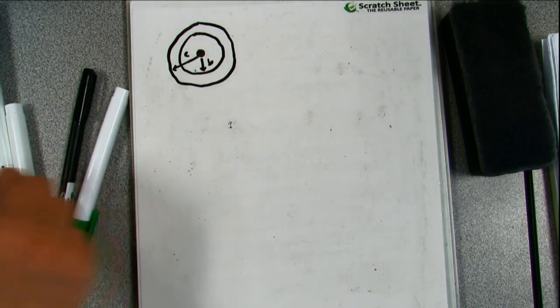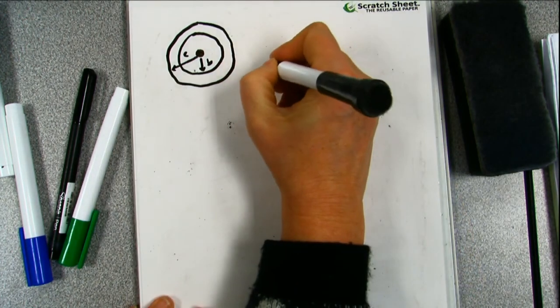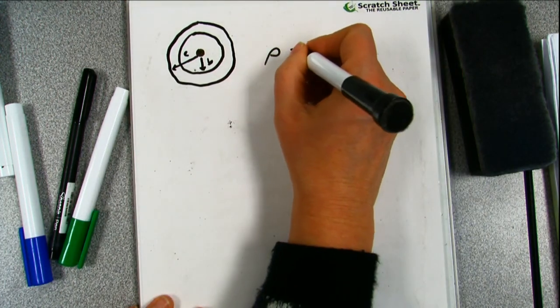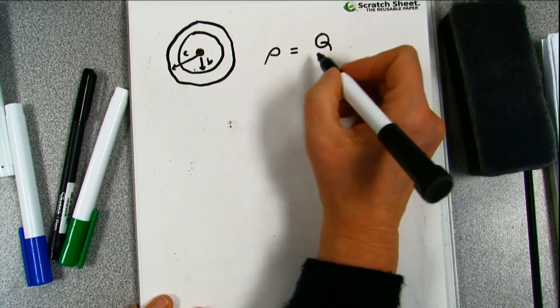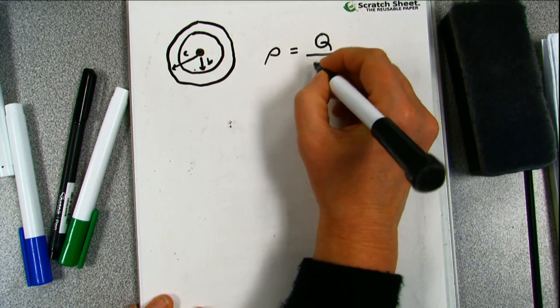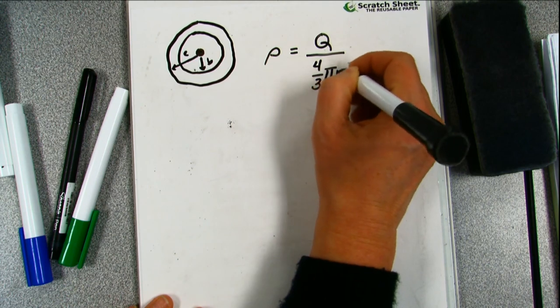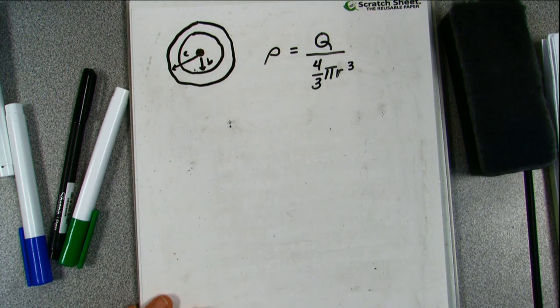And we're going to be given a charge for our insulator. And we're going to use a charge density, okay? So the charge density is going to be whatever the charge is divided by the volume of our insulator, because an insulator charge is going to be evenly distributed.